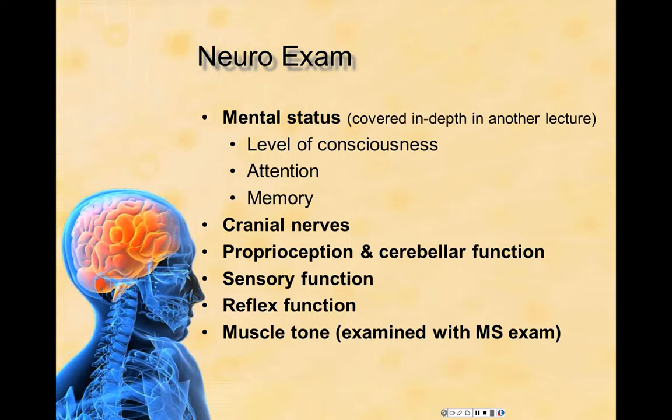We'll also examine the cranial nerves, proprioception and cerebellar function, sensory function, reflexes, and muscle tone, which is most often examined during the musculoskeletal exam part, but can be done as part of a complete neurological exam.